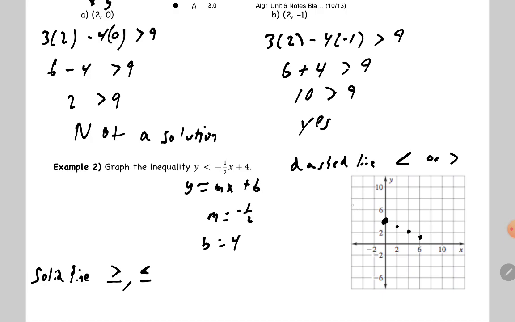So this is going to be a dashed line, and you put the arrowheads. So the first step is to graph it. Second step, determine whether it's a dashed or a solid line. And then the third step, we're going to test a point.